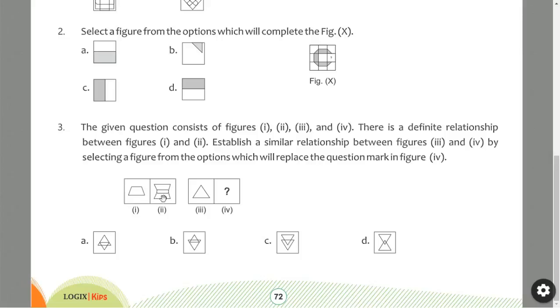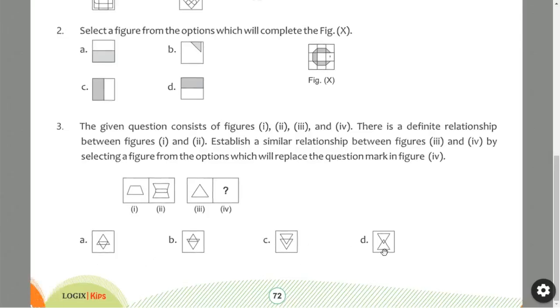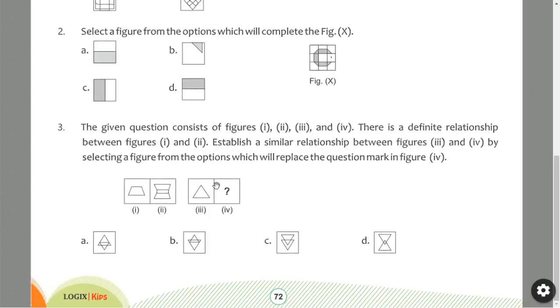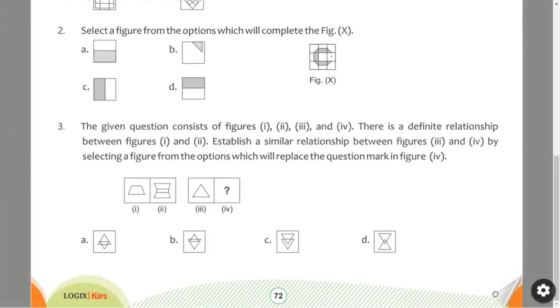Figures 1 and 2 have a relationship; apply the same relationship to the third one and see which image is going to form. Four options are given, and you have to choose. The correct answer is option D for the third question.